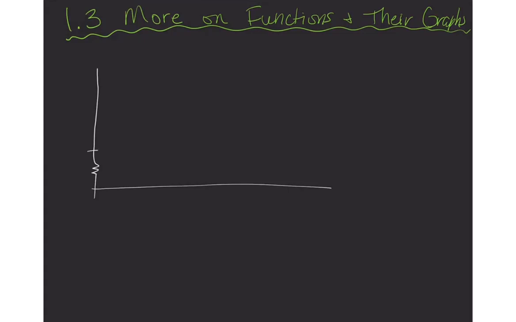So for giggles, I'm going to start at 98, 99, 100, 101, and 102. And on the bottom, we'll just go with a 1, a 2, a 3, a 4, a 5, a 6, and a 7.